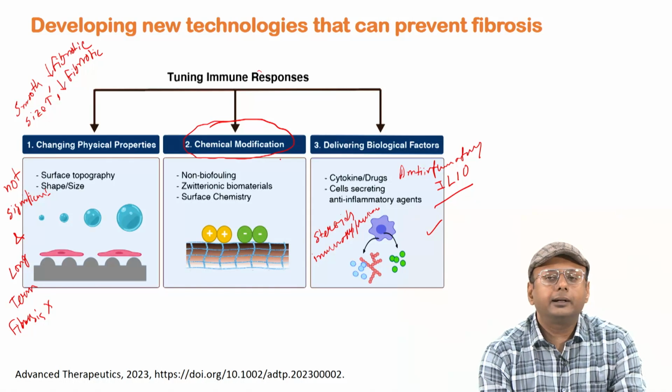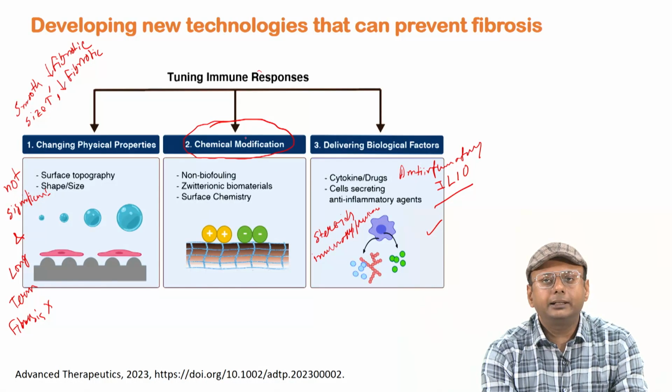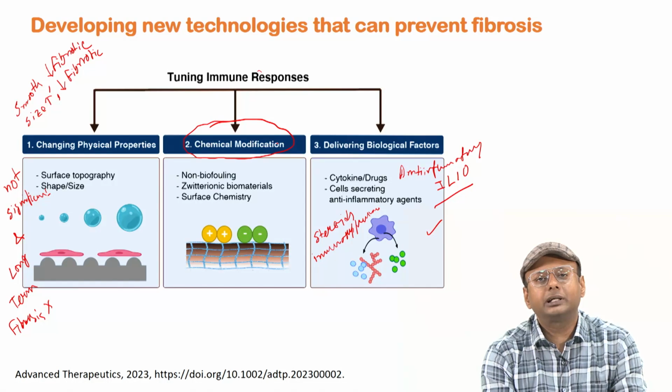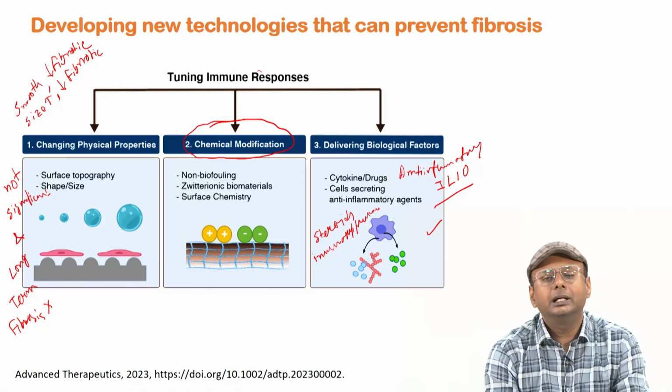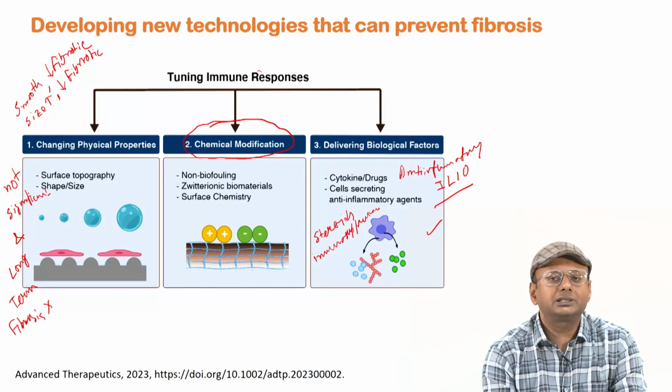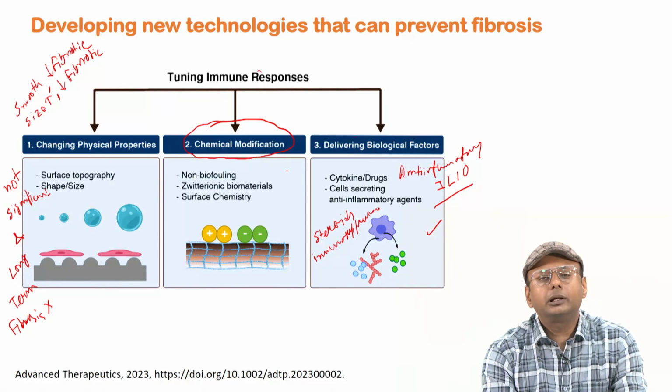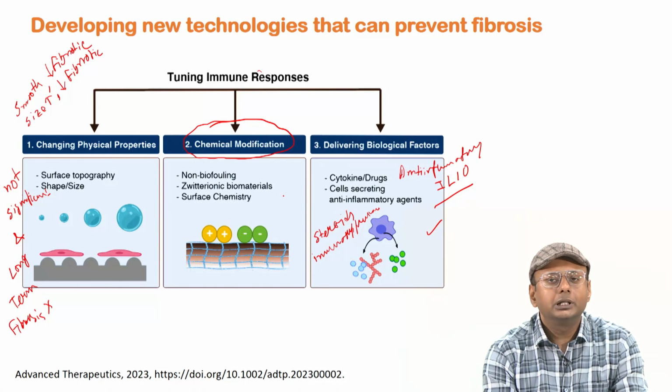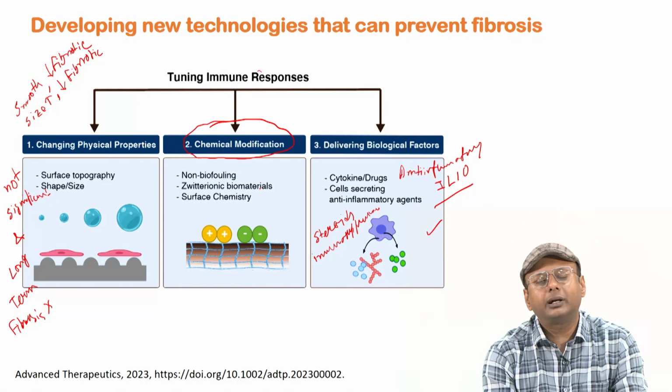So this third handle, which is in the middle, is highly interesting: the chemical modification, or attaching various chemical molecules on top of these capsules or the device. Okay. So these molecules can be zwitterionic molecules, these molecules can be small molecules. So by coating or conjugating the different types of capsules or devices with small molecules using chemical modification, we can actually reduce the fibrosis response.